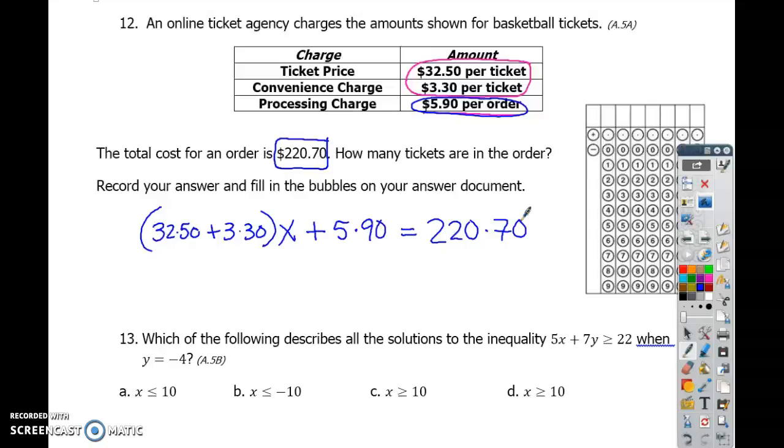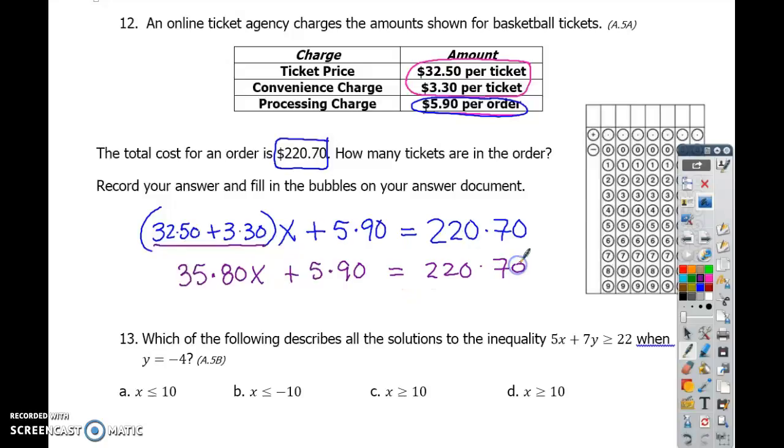Doesn't this look familiar to you? Slope and y-intercept. This is going to be your slope. If you add those two up, what does that give you? In the calculator, if you add them. What is it? 35.80 each ticket plus a one-time fee of $5.90 equals $220.70. So we need to solve this equation.